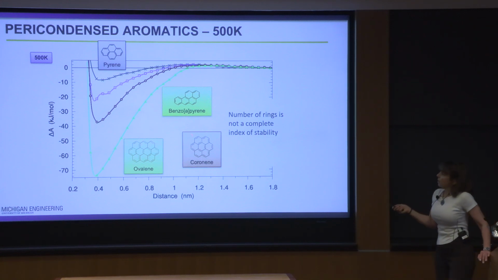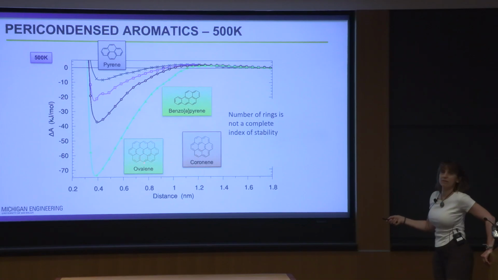But the first thing that you notice here, this is a 4 rings. This is a 5 rings. This is more rings. And this is even more rings, okay? And so the number of rings is not a complete index of stability here. Look at this. This is a 5, right?